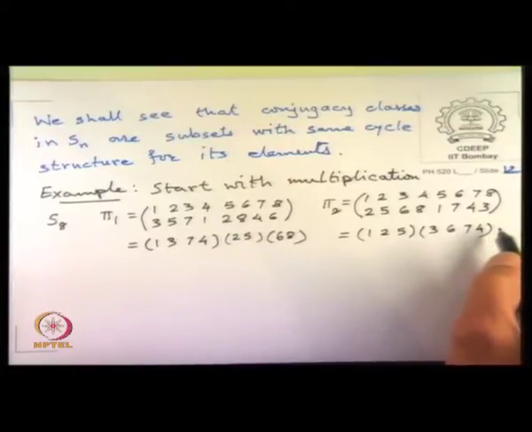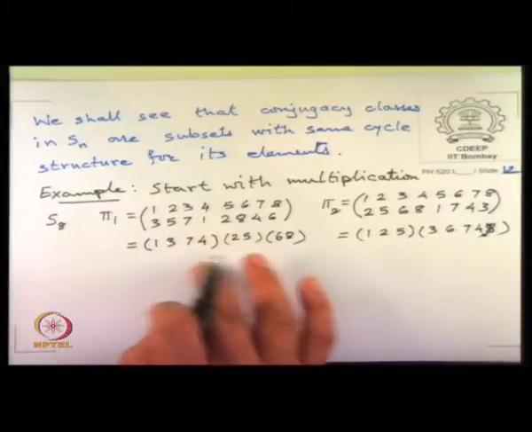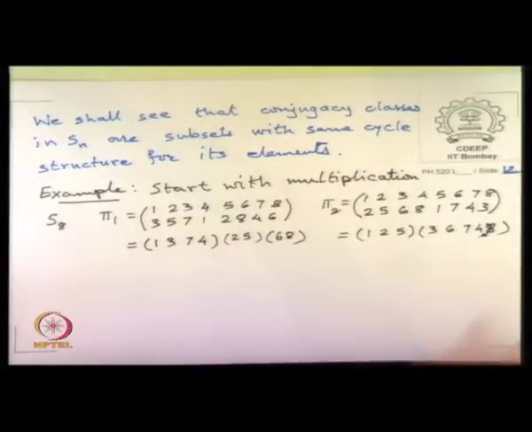Sorry, 8, 3, 6, 7, 4, 8. In fact, this is the long cycle, and 8 goes back to 3. So this is an element with 3 cycles, and this has only 2 cycles. There is one long cycle in that.